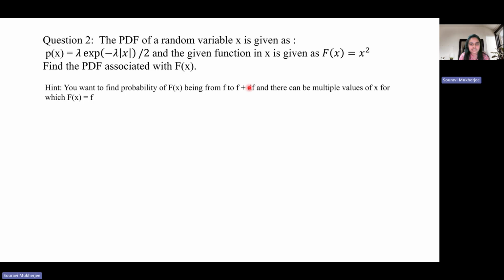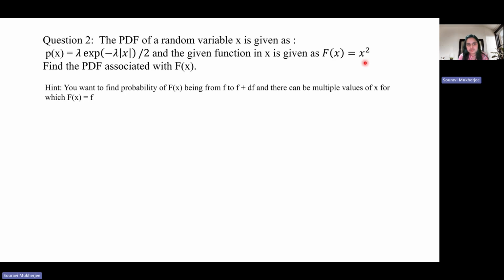Now, f(x) being equal to f can correspond to multiple values of x. What do I mean by that? Suppose for this expression you take f(x) equal to 9, and you want to find the probability that f(x) becomes 9. We know f(x) would be 9 either when x is plus 3 or x is minus 3, right?